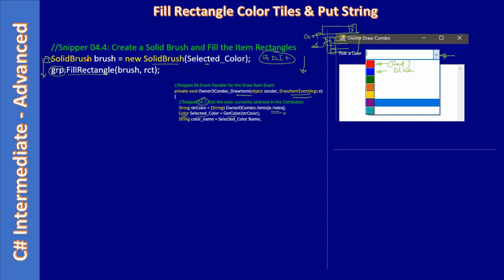Alright, since it happens 7 times, we will be painting all the 7 rectangle tiles, or square tiles, whatever you call.